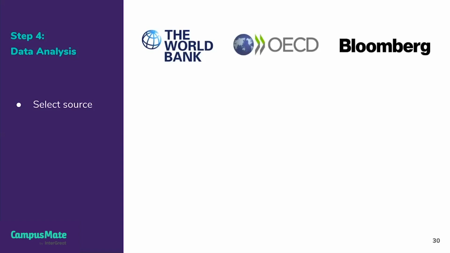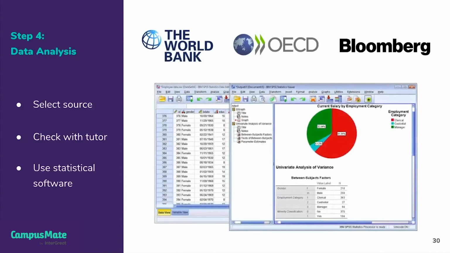Before you do any analysis, check with your tutor to make sure you're on the right track. Then, you can use statistical or econometric software like Stata, SPSS, or eViews to make calculations and draw conclusions based on your chosen theory and model.